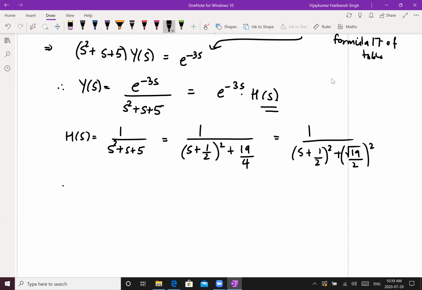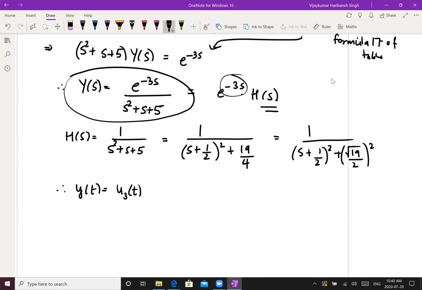Therefore we get y(t) equals, what is the Laplace inverse of this? It is going to be u3(t), because of this part here, times h(t), where the Laplace transform of h(t) is your H(s).